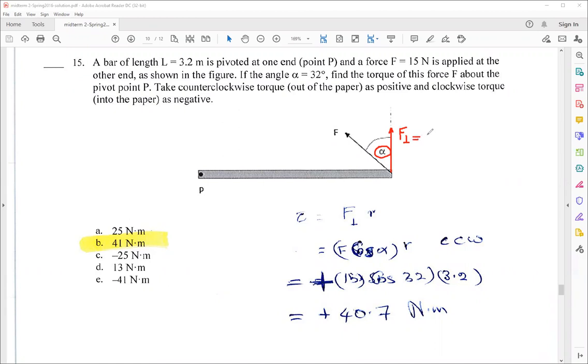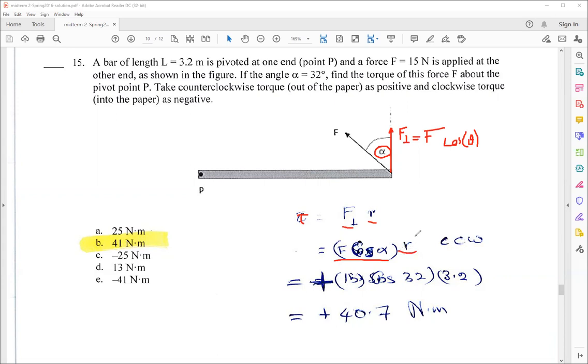F perpendicular is the magnitude of force times cosine theta. This is the only difference in this case. The formula for torque is F perpendicular times distance r, so that will be F cosine of the angle relative to the vertical, times the distance r.